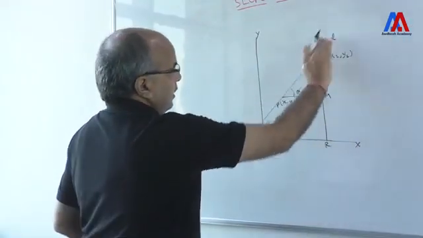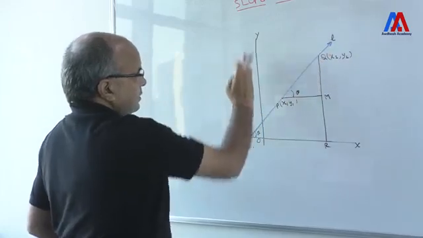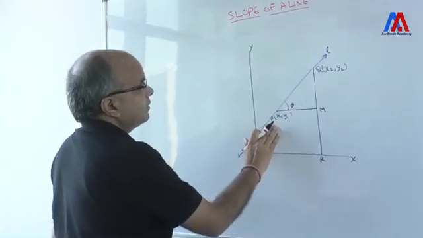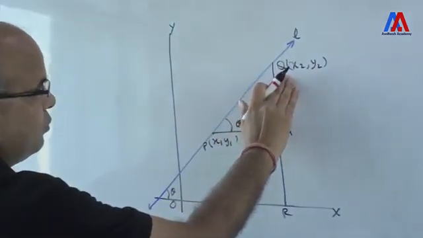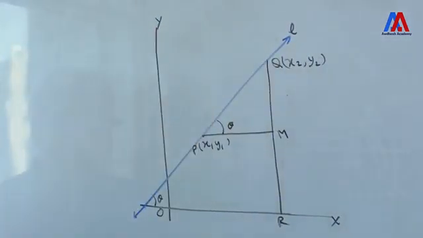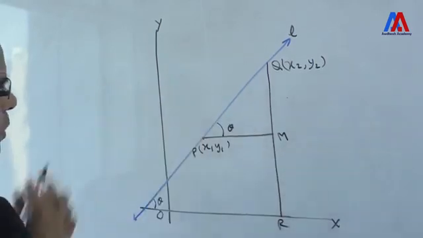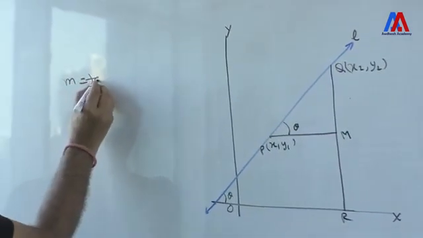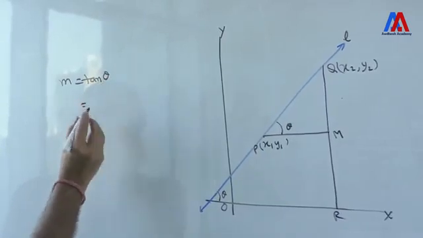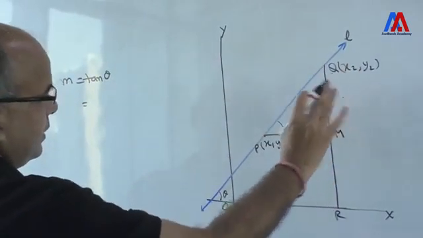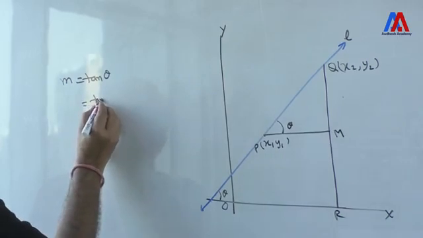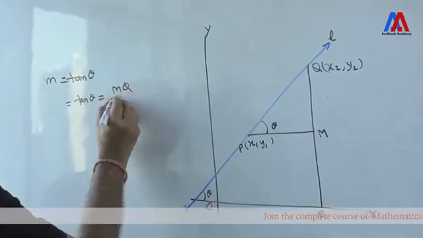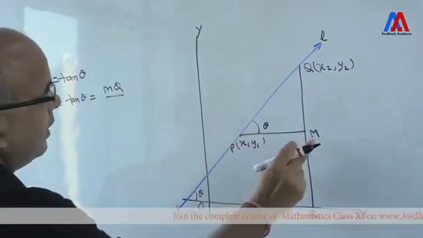Now this is a line L and this is x and y axis. There are 2 points here, P (x1, y1) and Q (x2, y2). Now let us find out what is the slope of this. We know that the slope m is equal to tan theta. From this diagram we can see that tan theta is equal to MQ divided by MP.